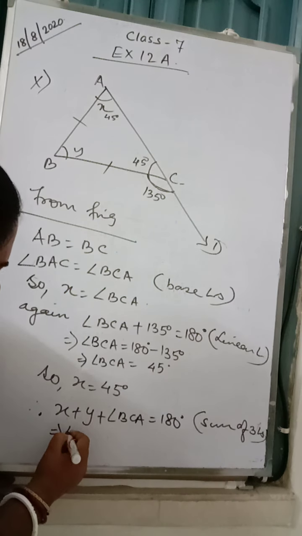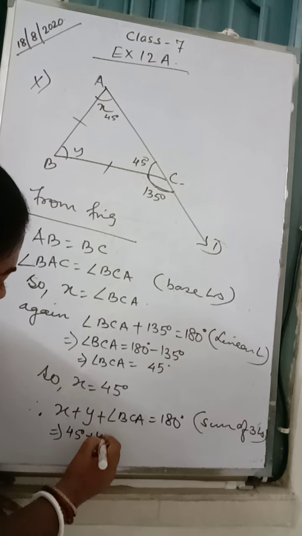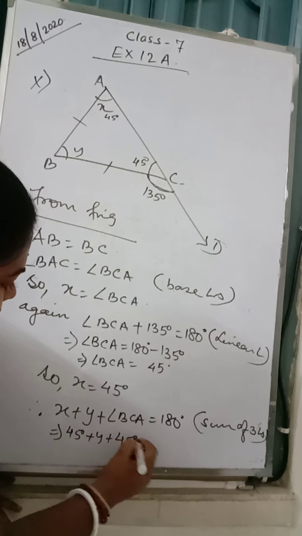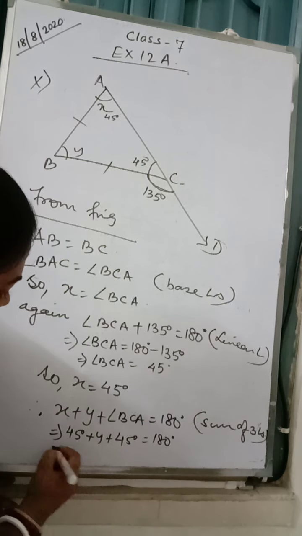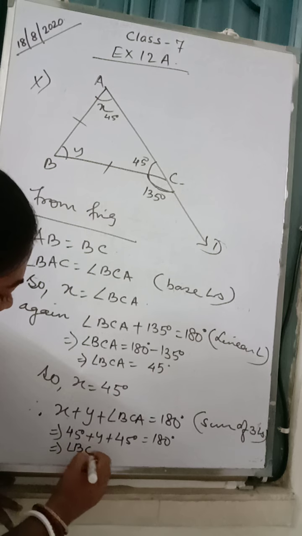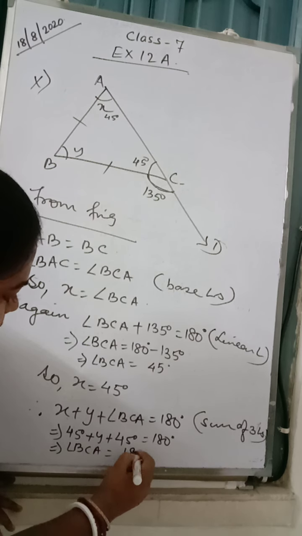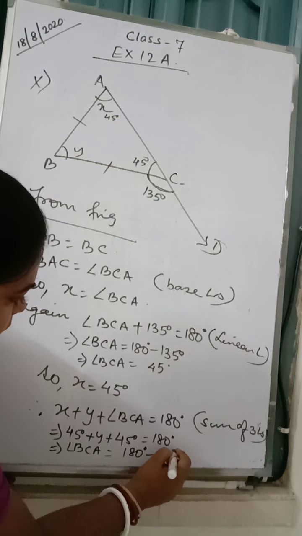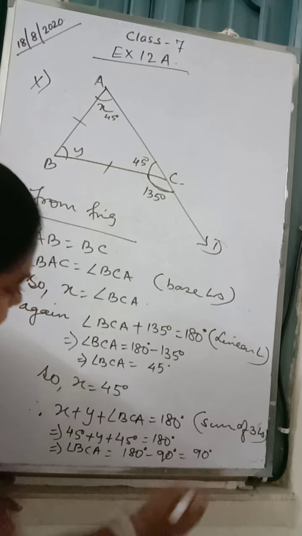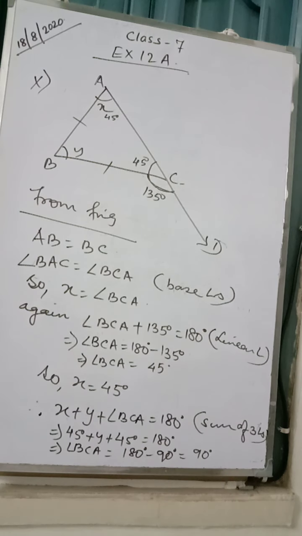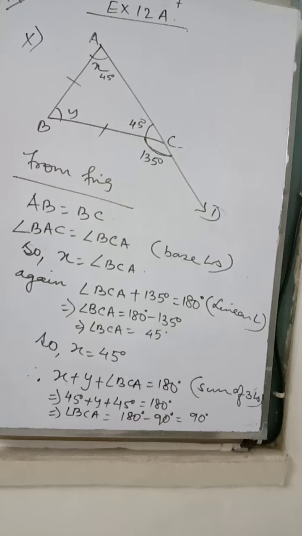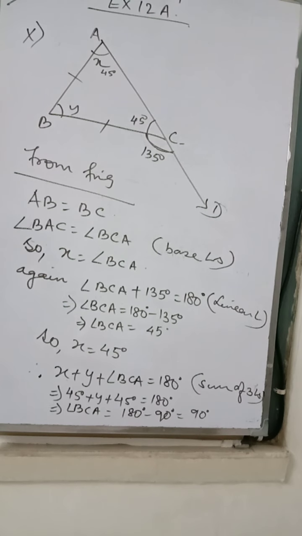So X is 45 plus Y plus BCA is 45 is 180, or angle Y would be 180 minus 90 degree is equal to 90 degree. Please write it. This is question number 10.